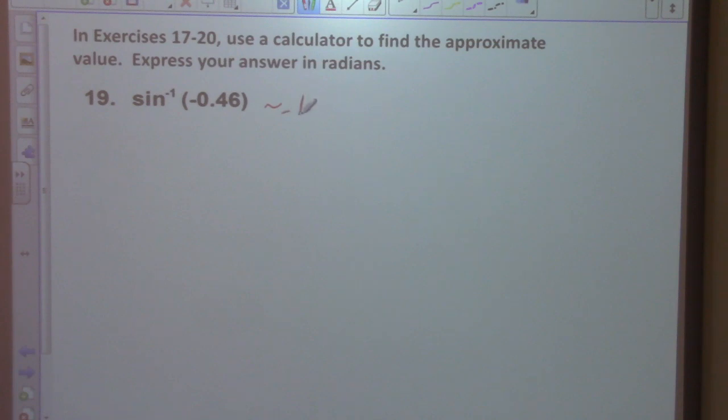Negative 0.4? 0.480? 0.48 radians. So that's negative 0.48 radians. Okay?